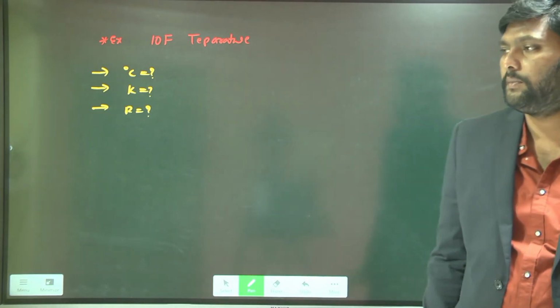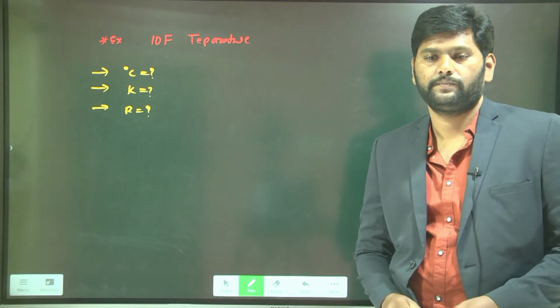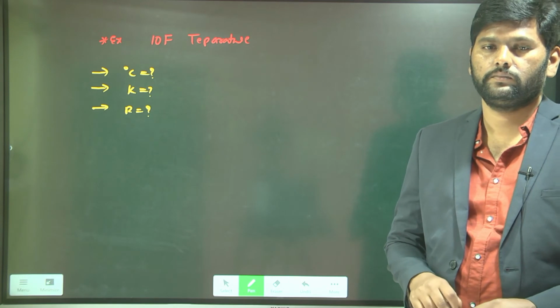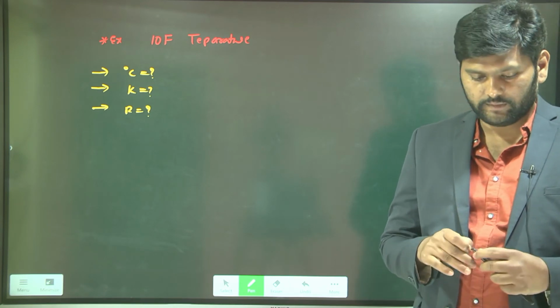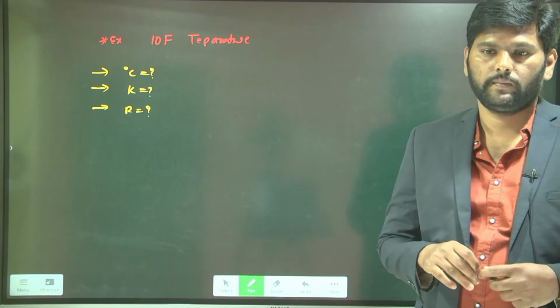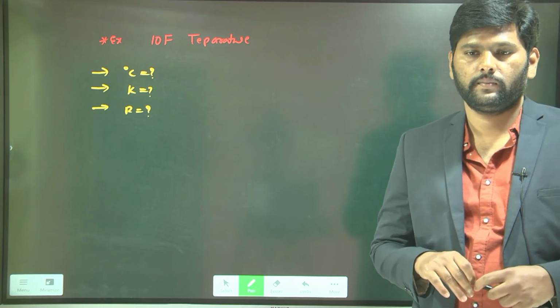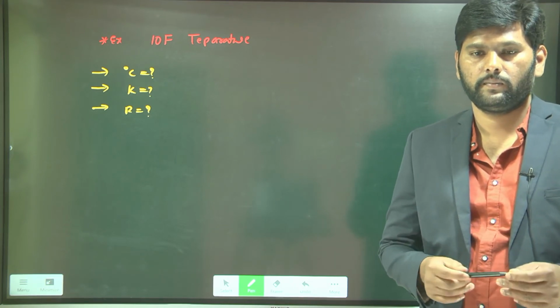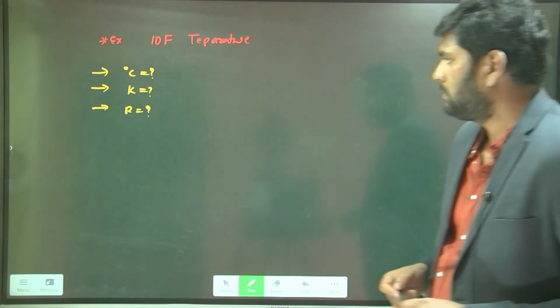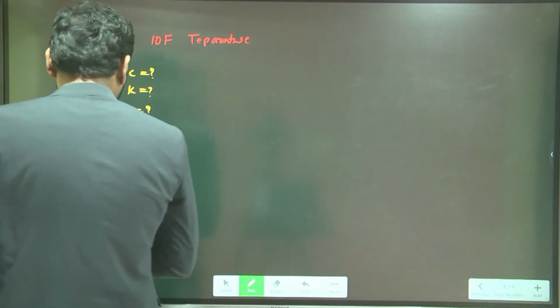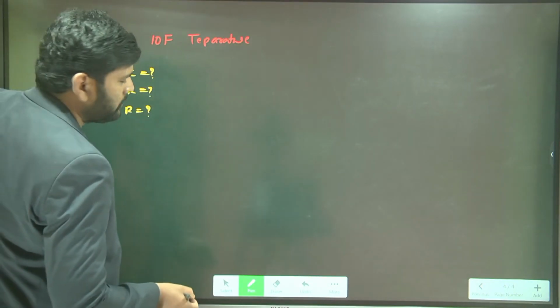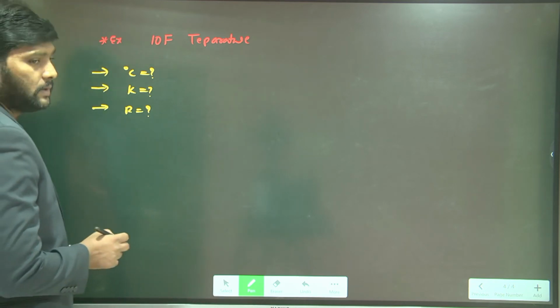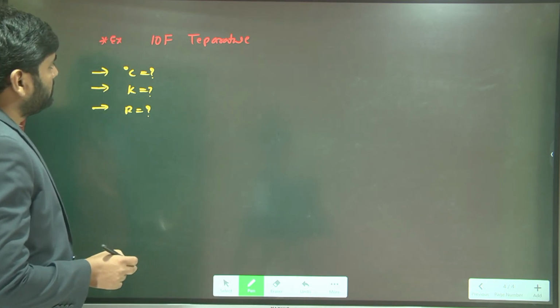Yes, sir. What formula do we need to use? C by 100 is equal to F minus 32 by 180, is equal to K minus 273 by 100, is equal to R by 80.